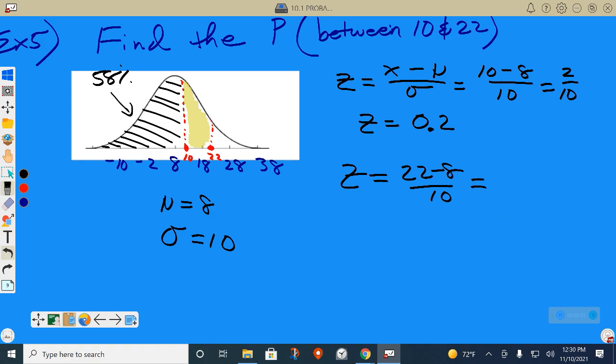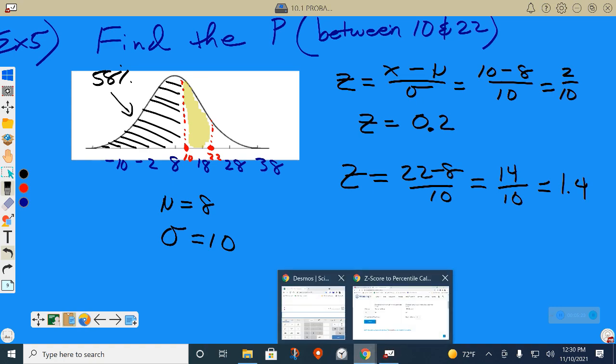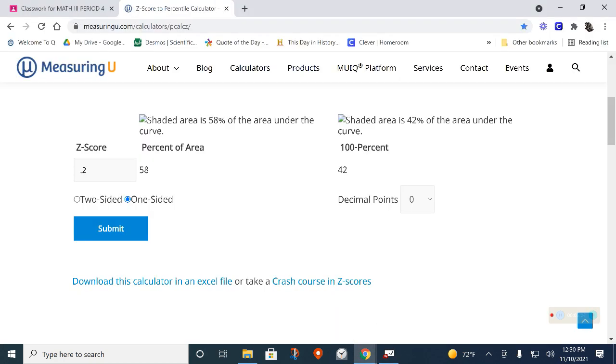Good looking out. 1.4, which makes sense because 22 is 1 4/10 above the mean. 1.4 standard deviations above the mean. Let me go to my z-score calculator. 1.4. And we're rocking and rolling, right? 1.4.